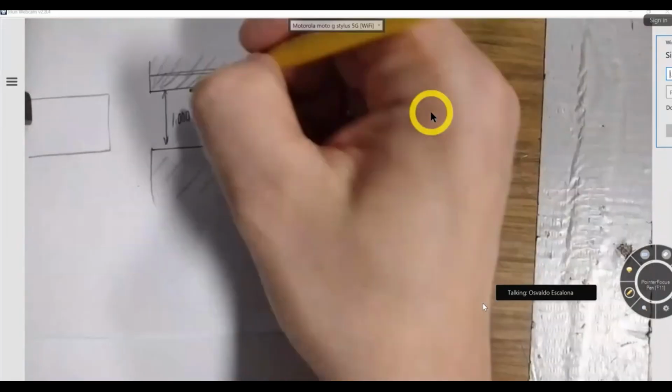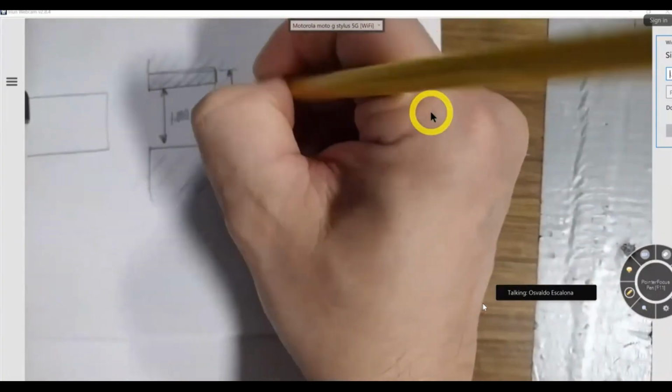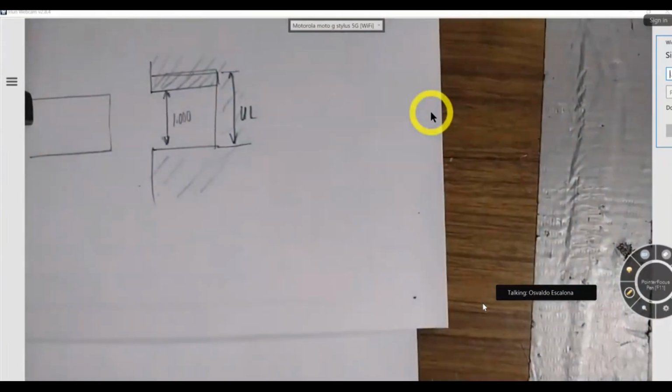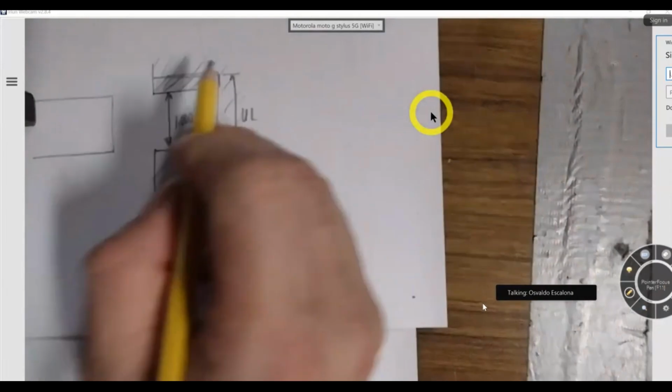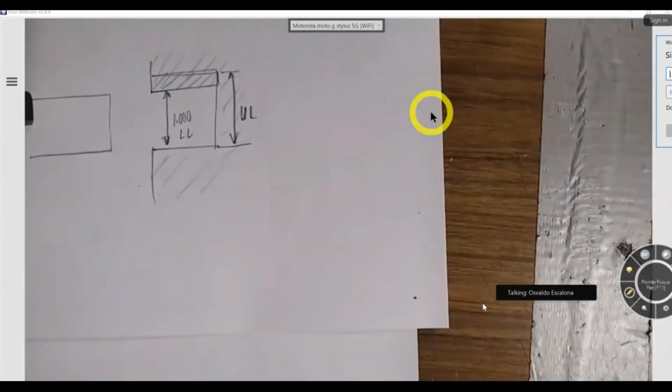Well, for this, in case we're going to call it a hole, it has a lower limit and an upper limit. Are we good? I'm going to look at the worst mating condition. In this case, it will be the lower limit. Yes? The worst mating condition.